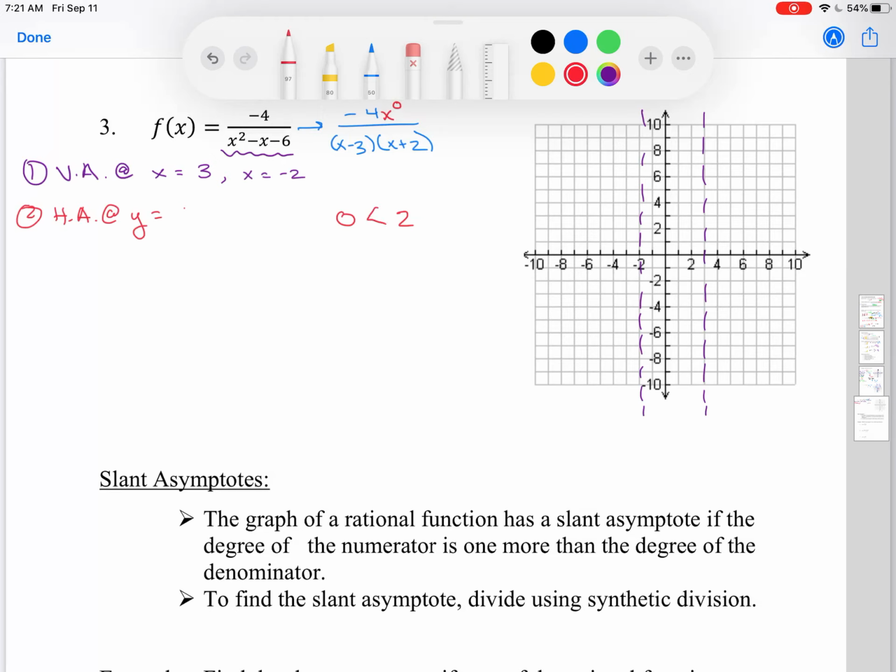It's too early in the morning, obviously. Okay, 0 is less than 2. So when I go to use my rule, it will be y equals 0 that I'm going to choose. So I go to my horizontal axis, asymptote, and I graph from there.